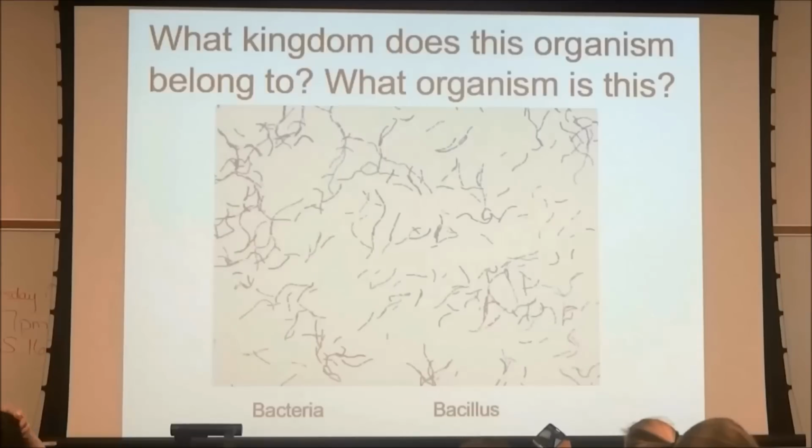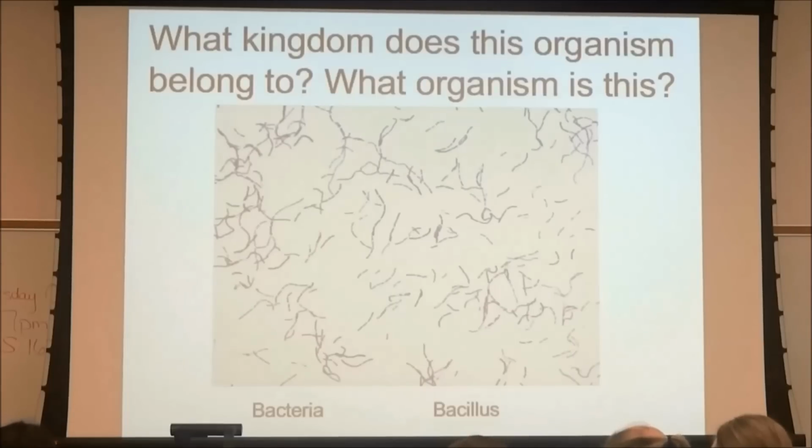Good. Okay, so we've now looked at all 3 bacterial shapes. Make sure you guys can distinguish between the 3, and make sure you know the technical names for the bacterial shapes, okay?